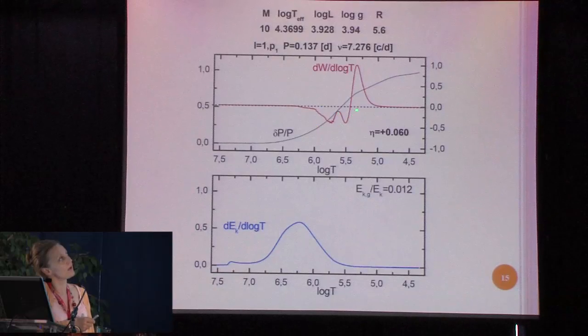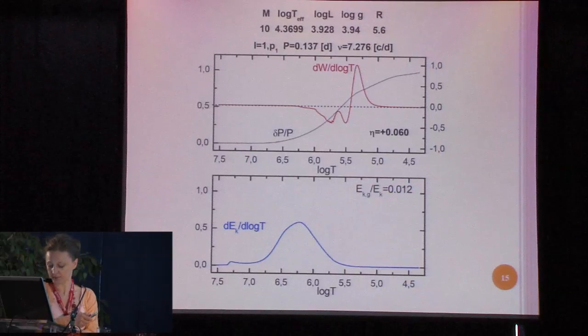Here we have damping below the Z opacity bump, and here we have driving, and driving overcomes damping, and the mode is globally unstable. We can also see the distribution of kinetic energy, and the ratio of the kinetic gravity energy to the total energy is just 1%.